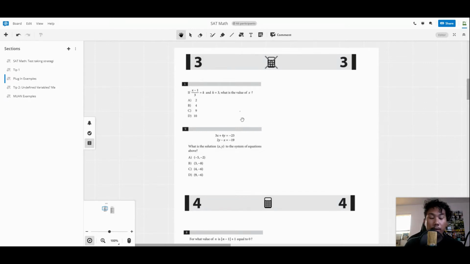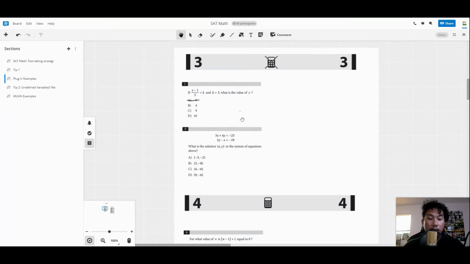Now, which value do I choose? Do I choose 2, 4, 9, or 10? Now, if I'm looking at what I will have to be doing to these numbers, I am subtracting 1 and then dividing by 3. So looking at 2 and 4, those two numbers are simply too small to give 3 as an end result. So I'm going to cross those two out.